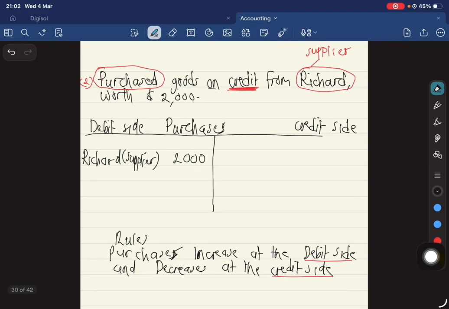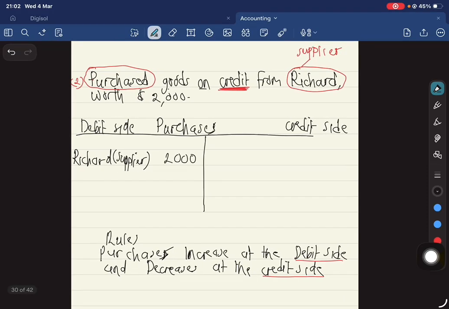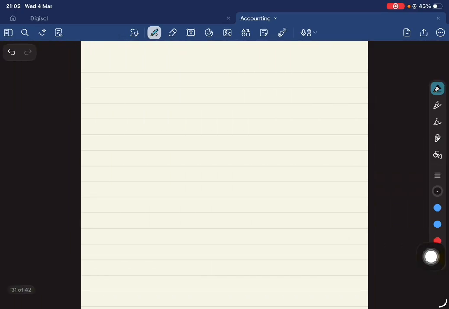Then we will open an account for Richard. Richard is a supplier. So let's ask ourselves, is Richard an asset, a liability, or capital?